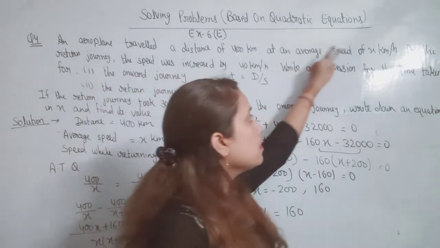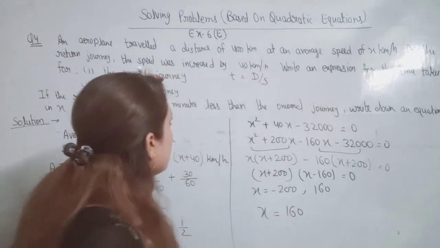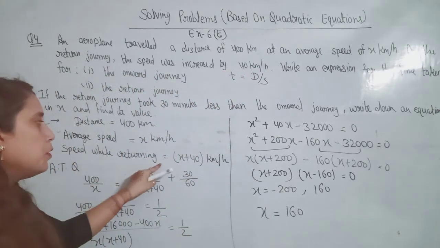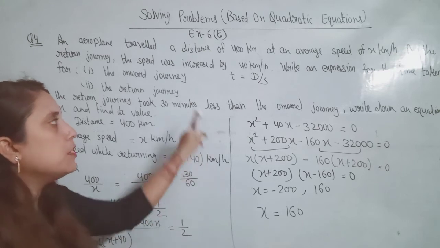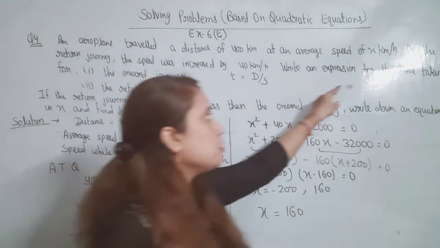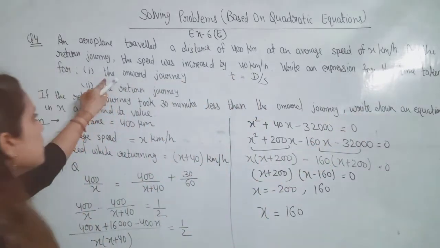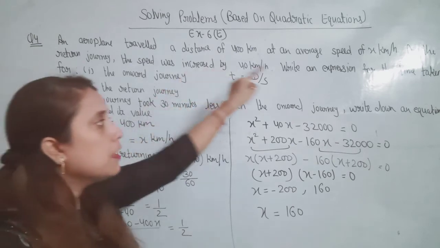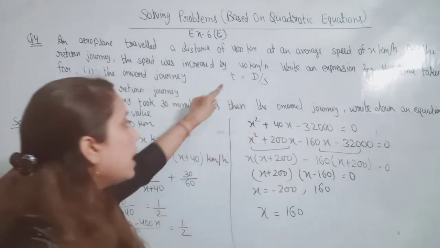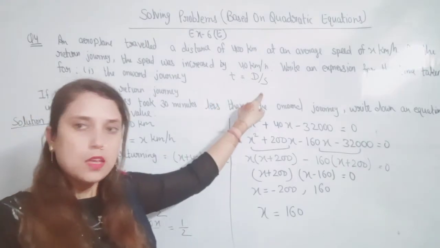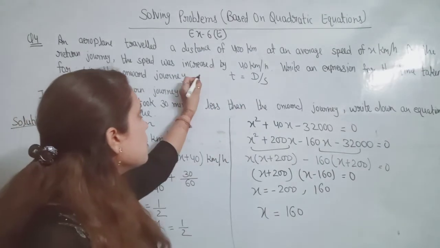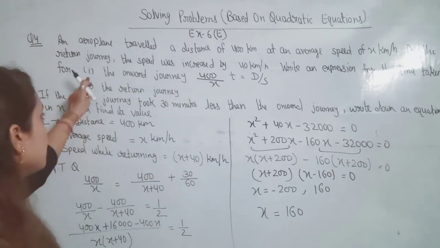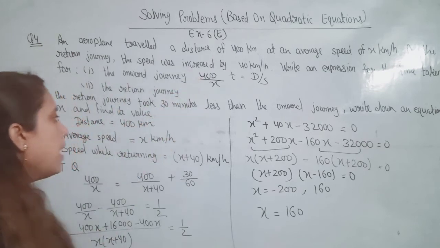If speed is increasing, then the speed while returning will be x plus 40 km per hour. Write an expression for the time taken. First, the onward journey. We know that time is equal to distance upon speed. So it will be distance 400 upon speed x. So the answer of the first part is 400 upon x.